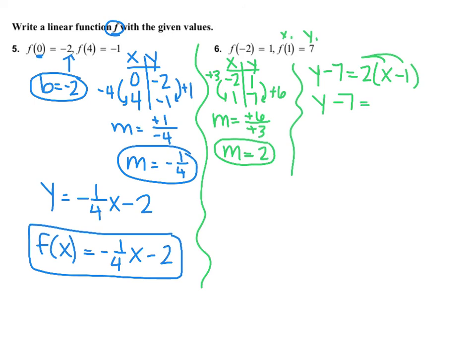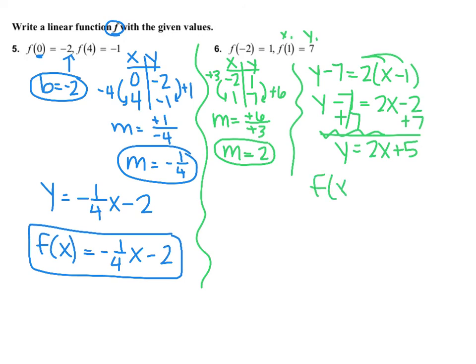Y minus 7 is 2x minus 2, and then add 7 to both sides. I get y is 2x plus 5. Oh, but before I circle that, right, I was supposed to be writing a linear function f, so f of x is 2x plus 5 is my final answer.